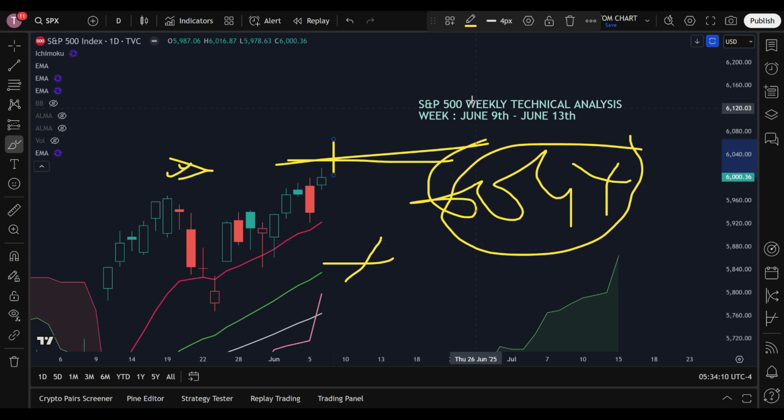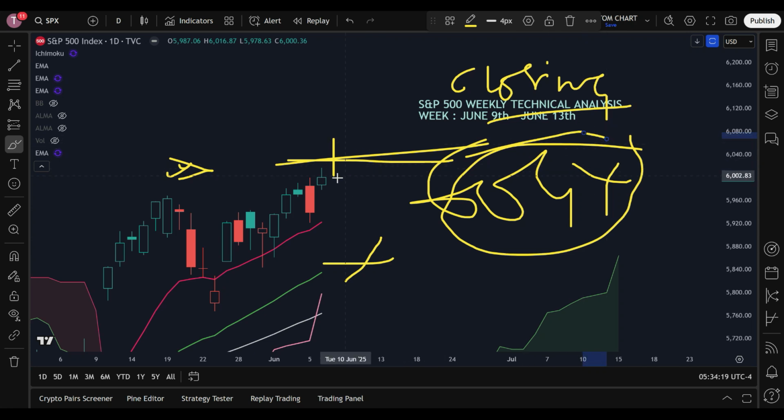But as I always mention, the closing is very, very important. If it hits 604x, breaches it, but closes below 604x, what does that mean? That means a clear rejection, no ifs and buts, simply a rejection.